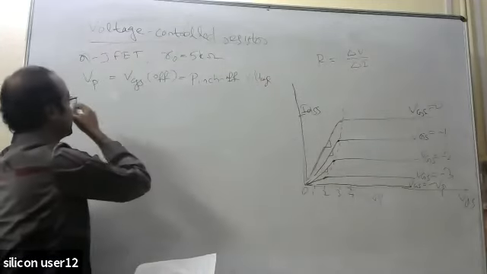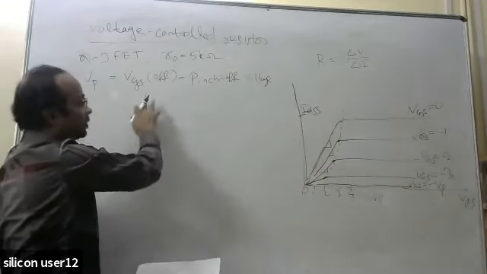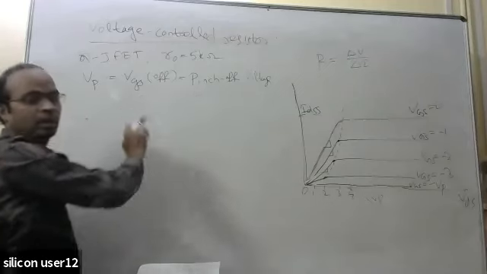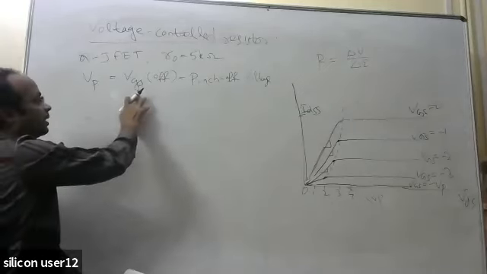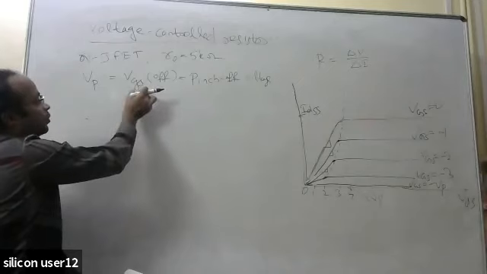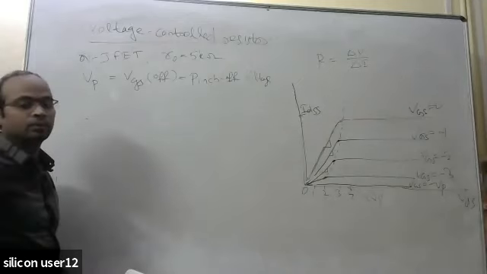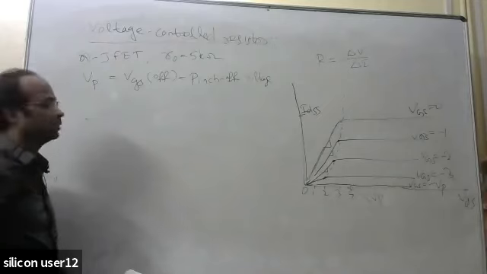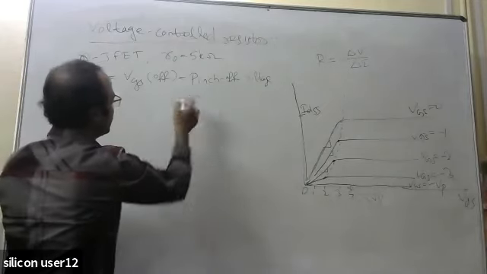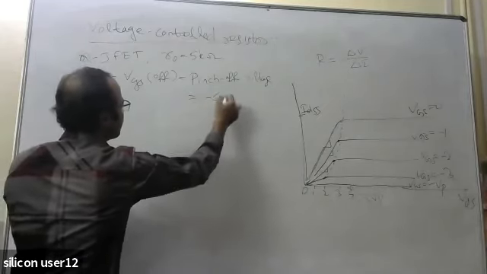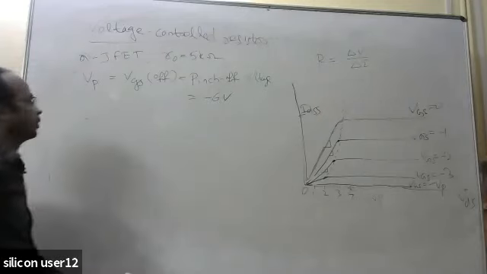It is called VP or VGS off, or pinch off voltage. Why VGS off? Because if you apply this VP to the VGS, then the JFET gets off. So that's why it is also termed VGS off. VP equal to minus 6 volt.